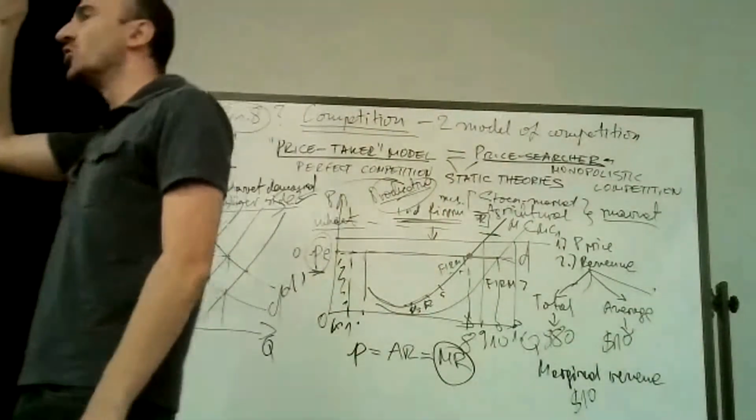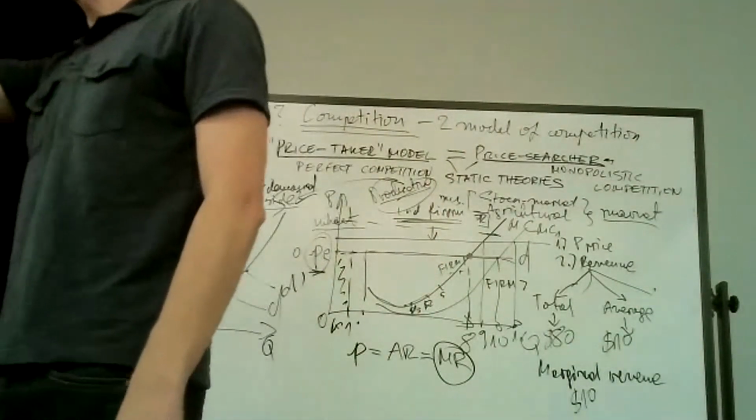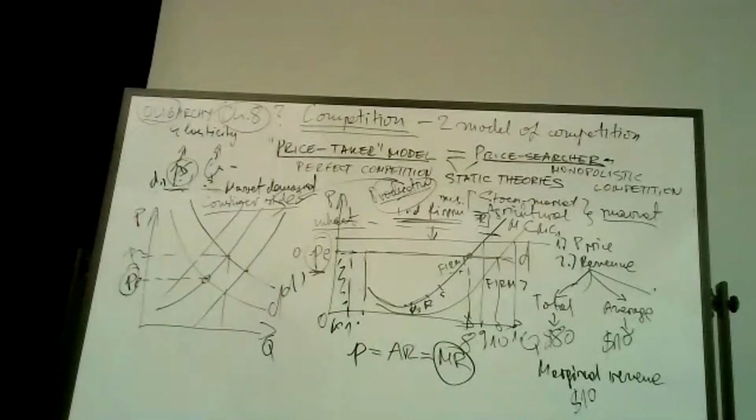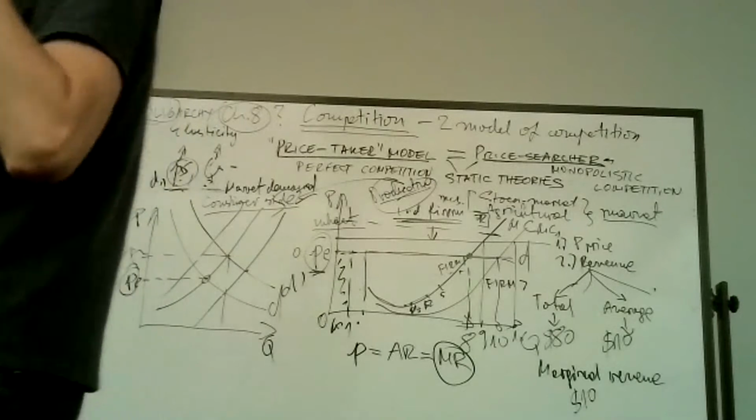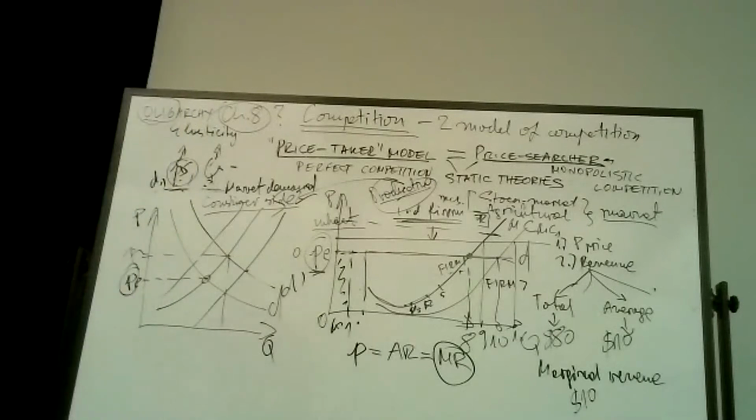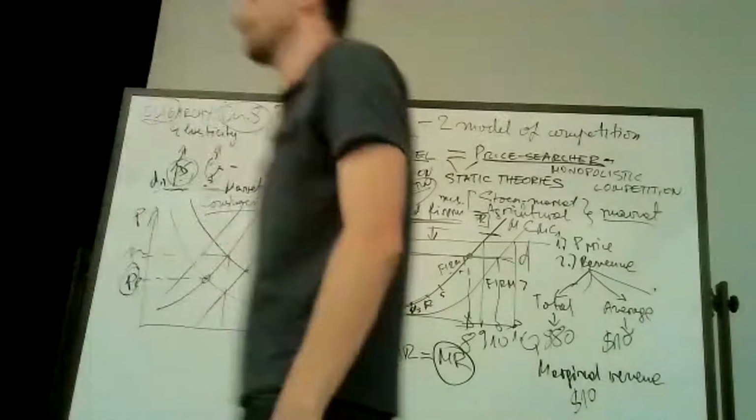Price goes up, the only way for me to maximize my profit is to increase production. That's exactly what consumers need. Price goes down, the only way for me to maximize my revenue is to reduce production. That's exactly what consumers need.